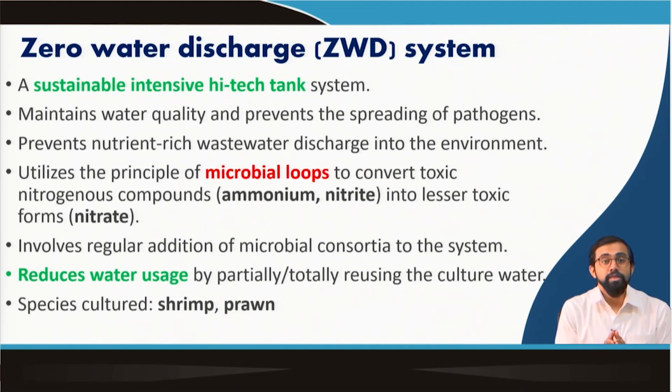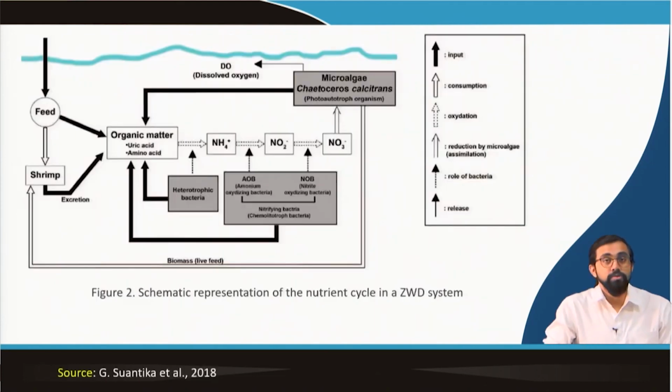It involves regular addition of microbial consortia to the system. It reduces water use by partially or totally reusing the culture water. Species for which we normally go ahead with zero water discharge systems are shrimps, prawns, etc.